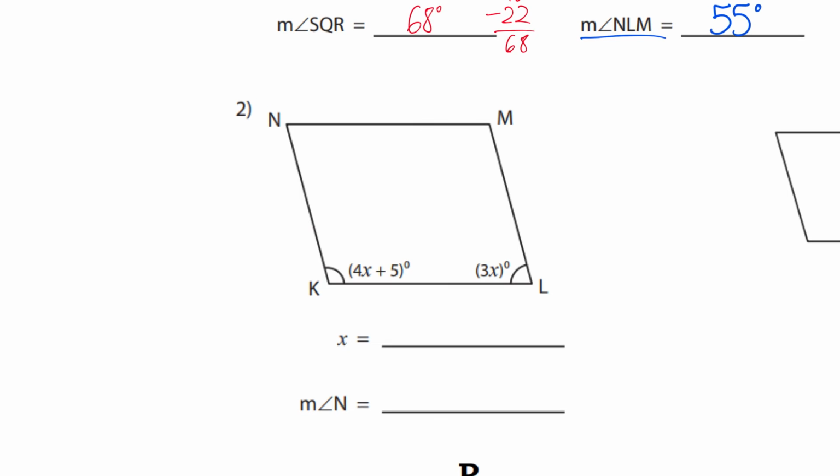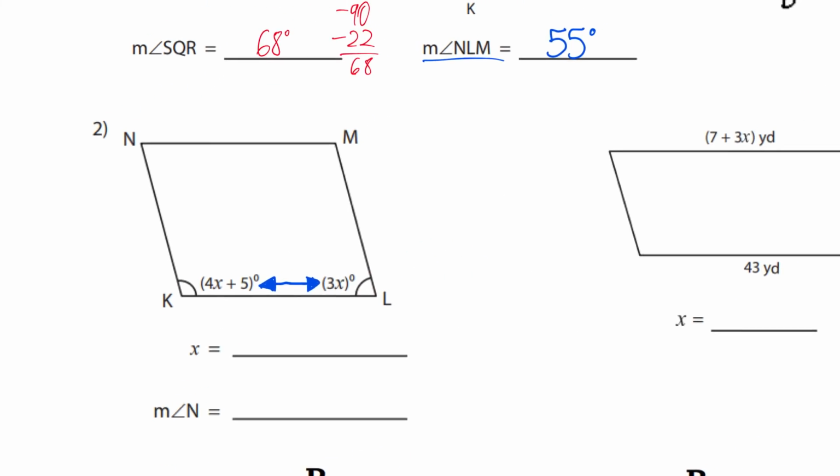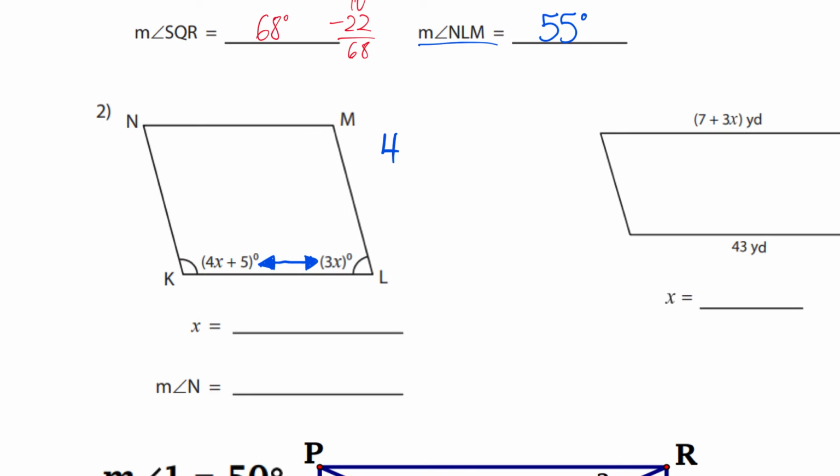All right, next one. Okay, so this is a parallelogram. In a parallelogram, what do I know about these two angles right here? They add up to 180, exactly. So on this one, I'm going to go 4x plus 5 plus 3x equals 180.